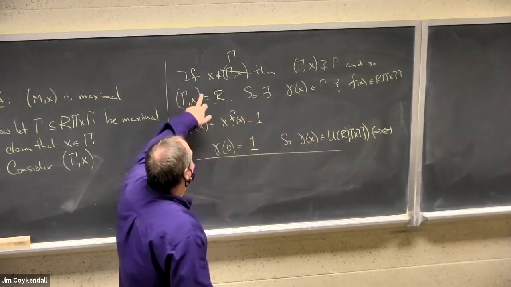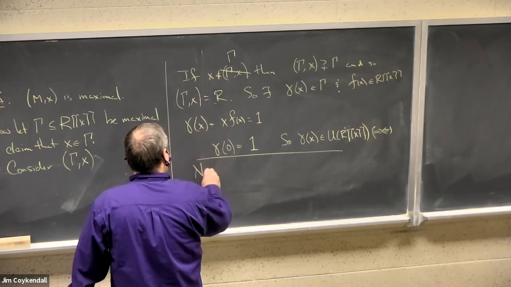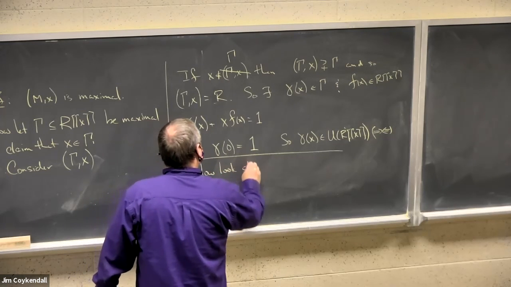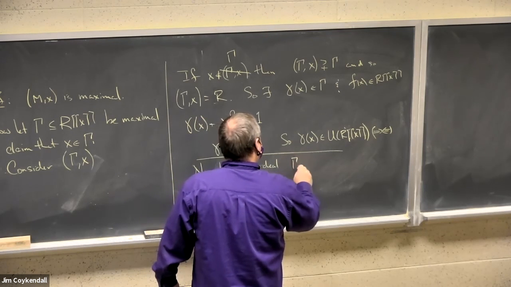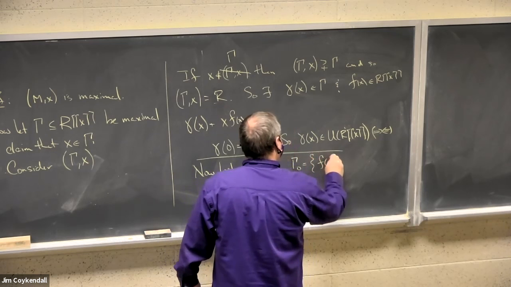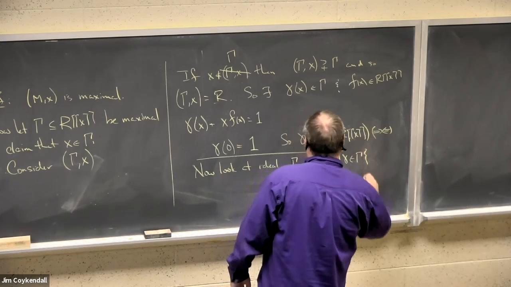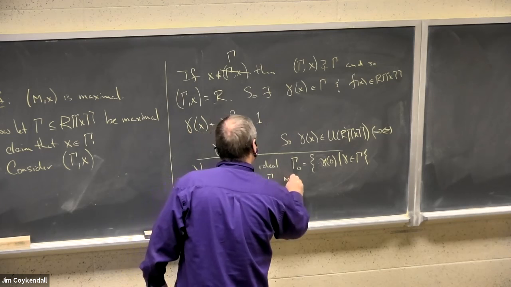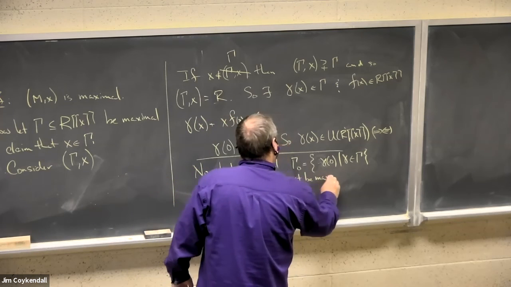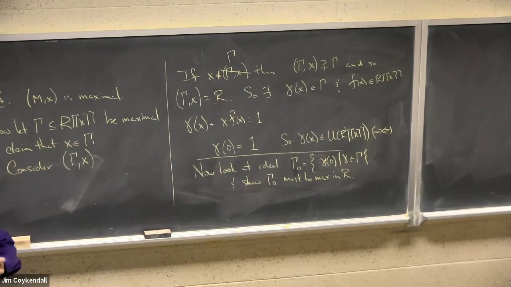Now that we have that x is in gamma, then we're good to go, because from here, what you need to do is look at the ideal of constant terms, the set of f of 0 for f in gamma, and show it must be maximal there. And you're done then. So anyway, see if you can puzzle that out. And if not, we will power through it after Thanksgiving.